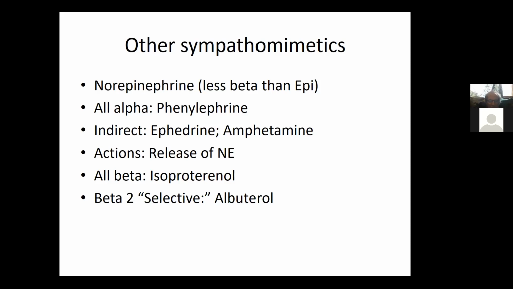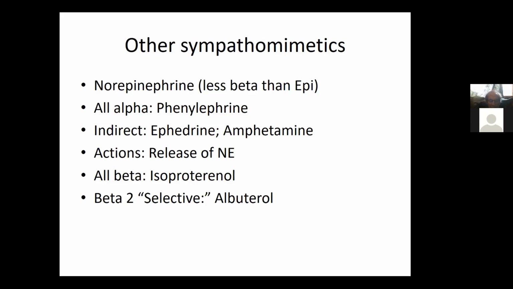Now, as useful as all beta agents can be because of their prominent beta actions, the full milieu of beta effects may not be always what you want. So I gave an example of a reasonably selective beta 2 adrenergic agonist in albuterol. And people are probably familiar with albuterol. Despite being used for quite some time, it's still a very prominent drug in terms of producing bronchodilation.